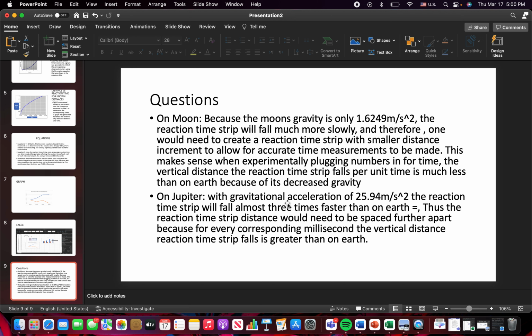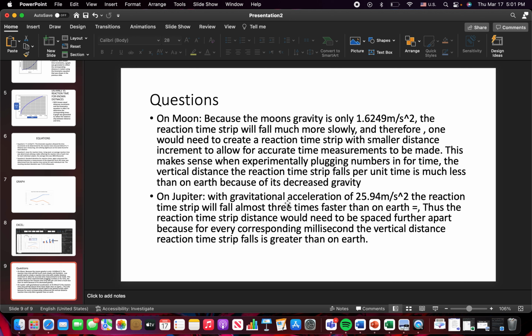This makes sense: when we're plugging in numbers for times, the vertical distance for the reaction time per unit is much less than on Earth because gravity is decreasing slowly.